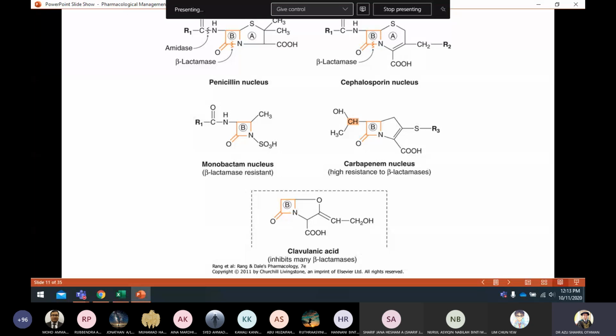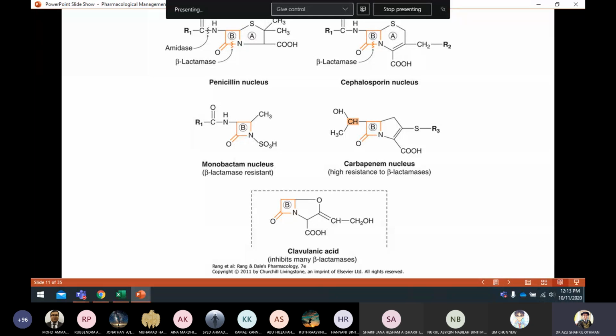So that is the basic mechanism of bacterial resistance in beta-lactams and how we deal with that problem by giving clavulanic acid.